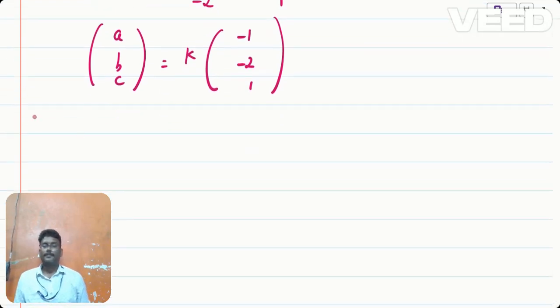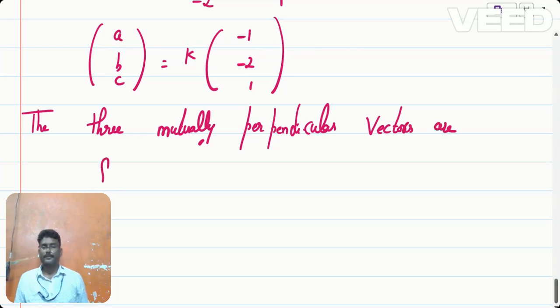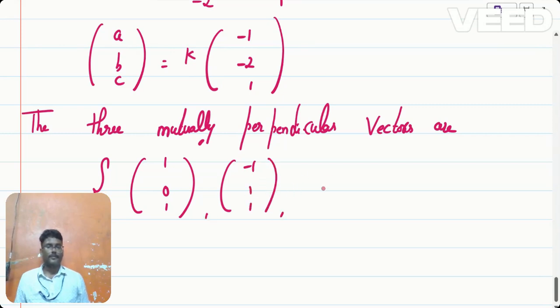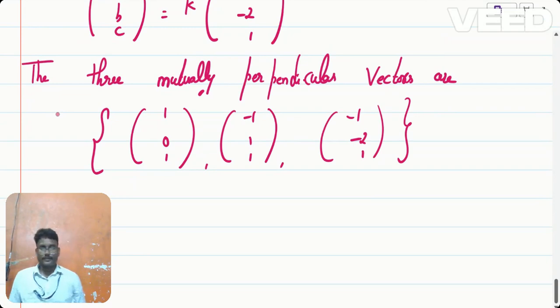So the three mutually perpendicular vectors are (1, 0, 1), (minus 1, 1, 1), and (minus 1, minus 2, 1). Okay, next we have to normalize the vectors.